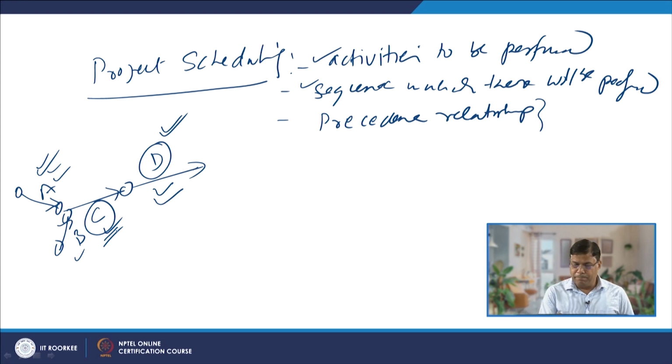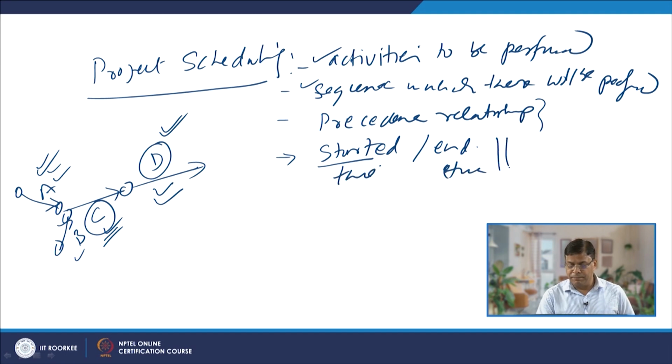When this is done, in project scheduling we get the definite start, when a particular activity will be started or when it will end. So, the start time and end time will also be identified when project scheduling is done.